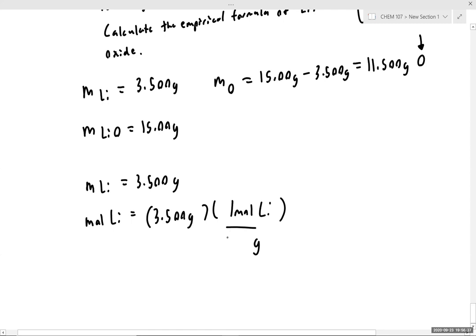Yep, perfect. So plugging that in, we get 0.50432 moles of lithium. It's really important that you do not round until the end.